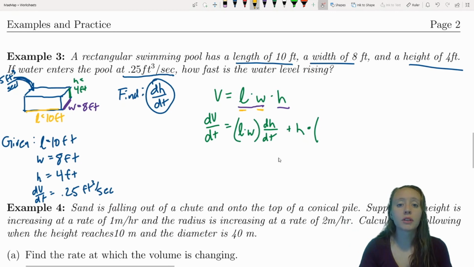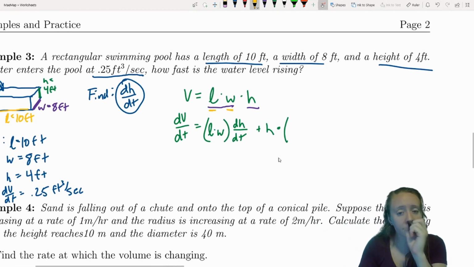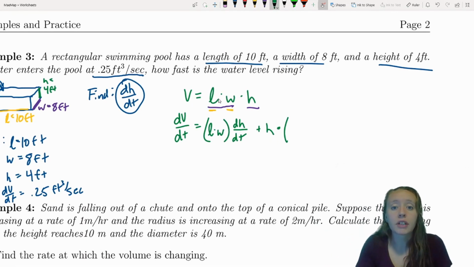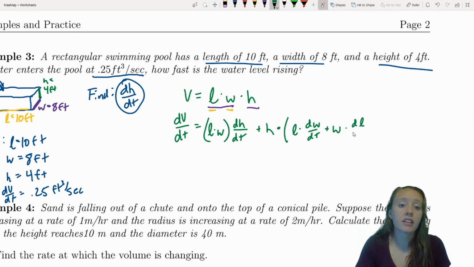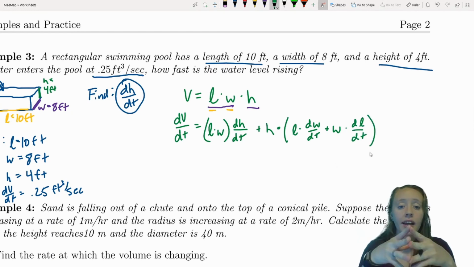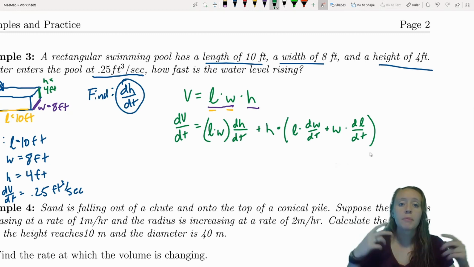But for now, continuing on, I have first, which is L, times the derivative of my second, dW/dt, plus second, W, times the derivative of L, dL/dt. And you'll see here why it was so important to learn implicit differentiation and to really understand that chain rule before we started with related rates, because it's all functions and taking the derivatives of functions.